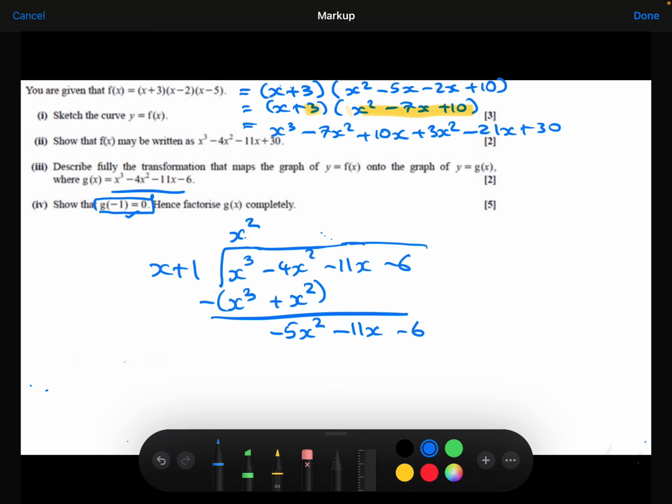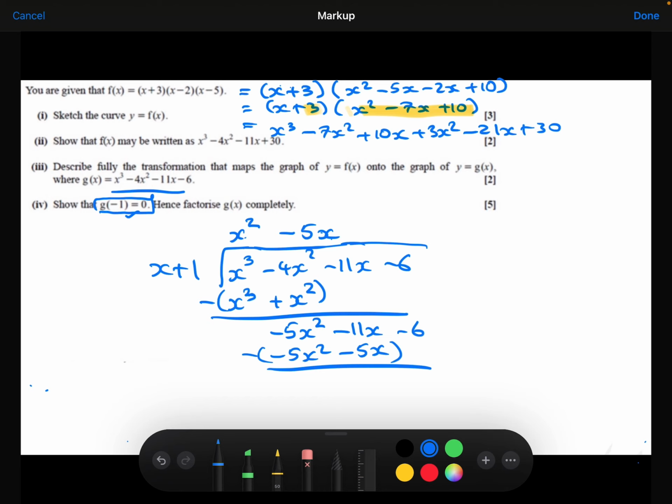The x into the minus 5x squared goes minus 5x times. Minus 5x times x is minus 5x squared. Minus 5x times 1 is minus 5x, and we'll take that away. The x squared terms will cancel out.